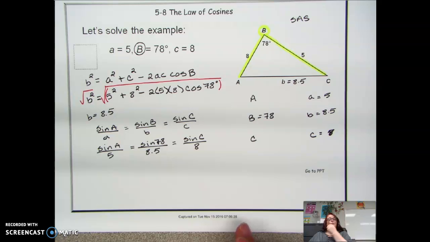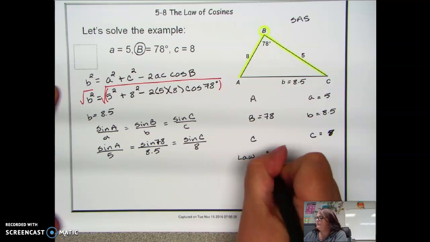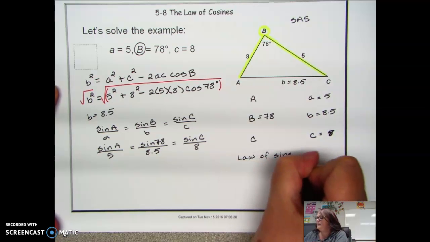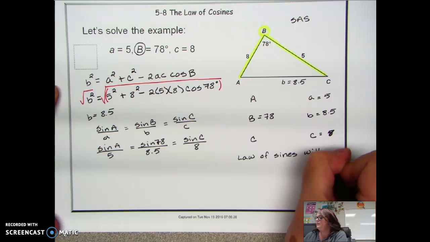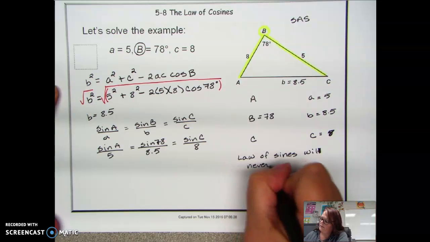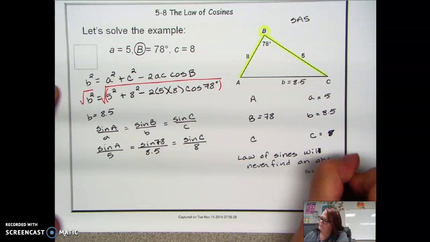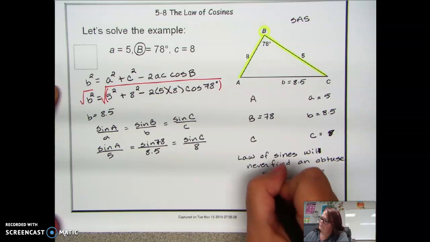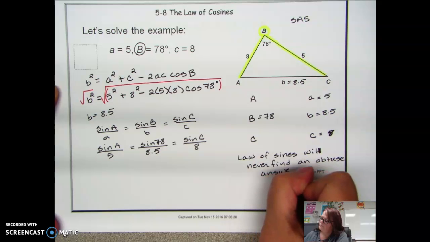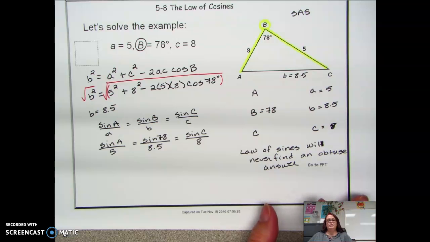Now here's a little issue with law of sines. It will never find an obtuse answer. So that means you never want to go searching for the largest angle using the law of sines.